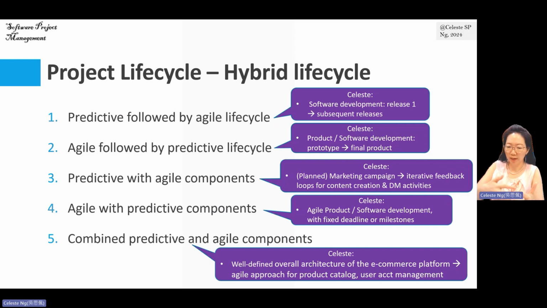And then later on, what to add on, how we are going to display our product catalog, or how we are going to manage our user accounts, the interface and so on, we will keep more flexible and adaptable, that kind of thing. So that's what we mean by combining predictive and agile components together. In short, this fifth type of hybrid project lifecycle is more flexible.